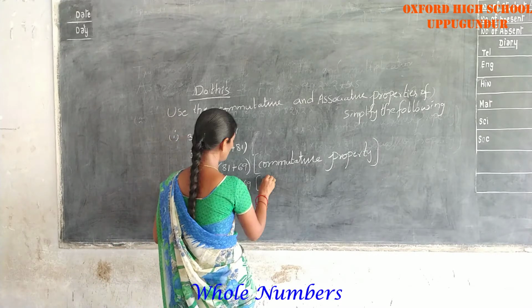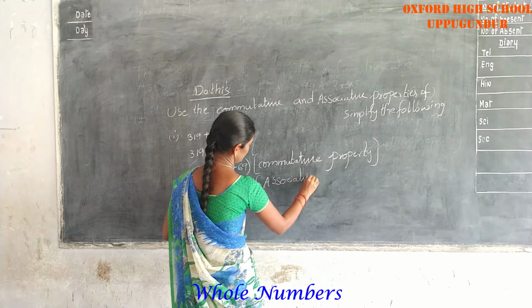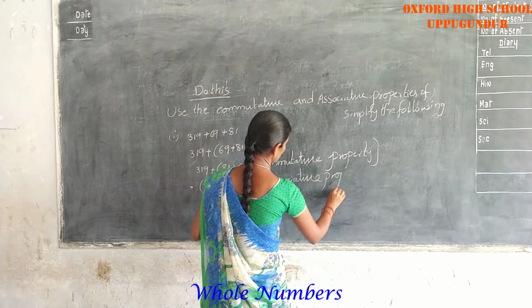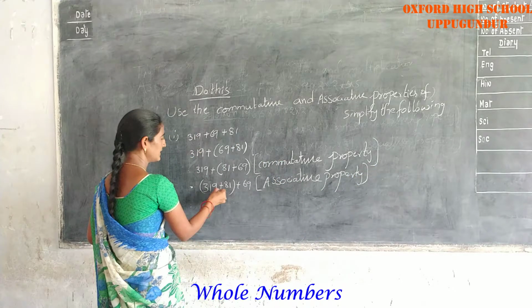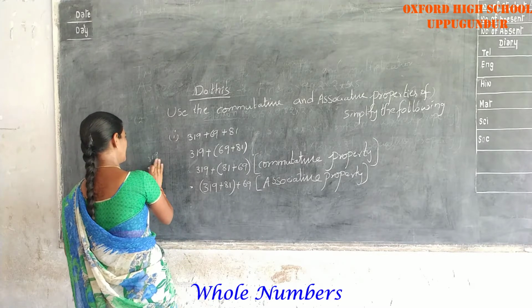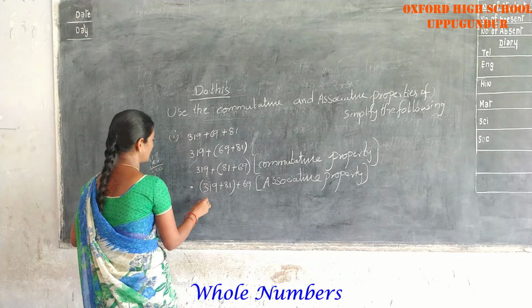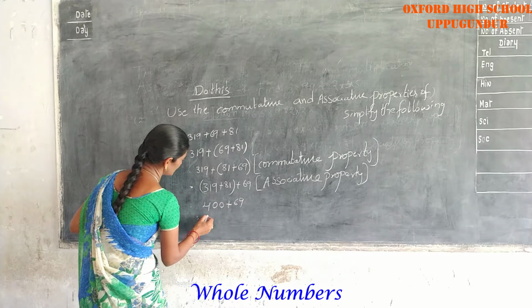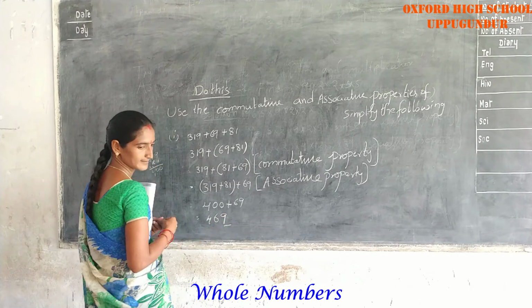This is associative property. 319 plus 81 is 400, 400 plus 69, that is equal to 469.